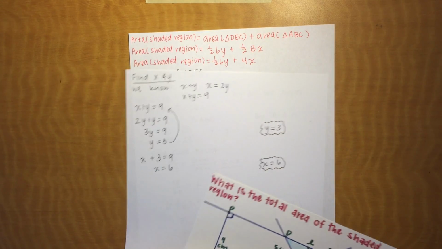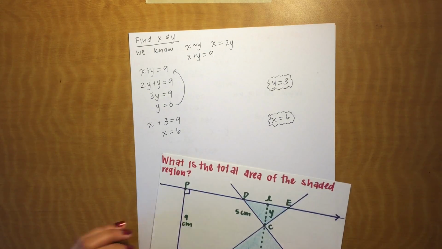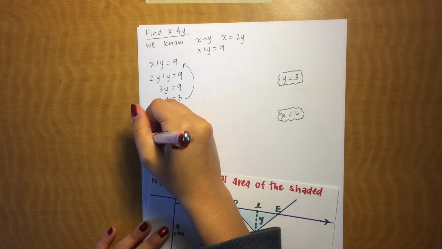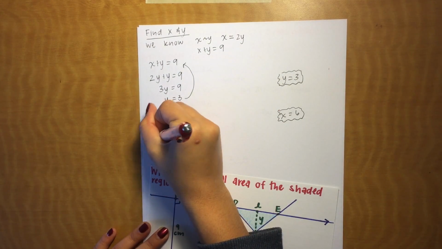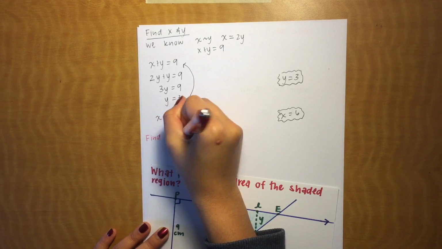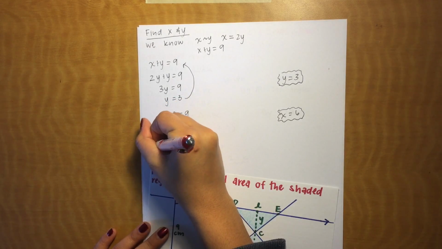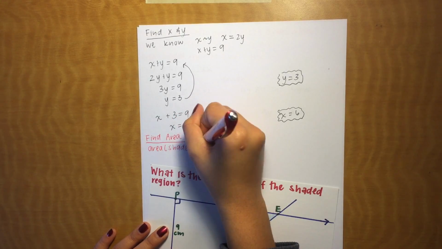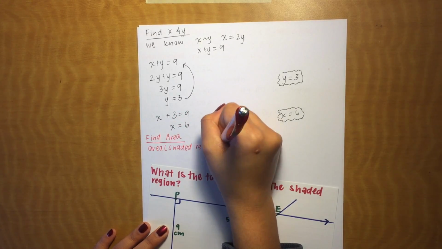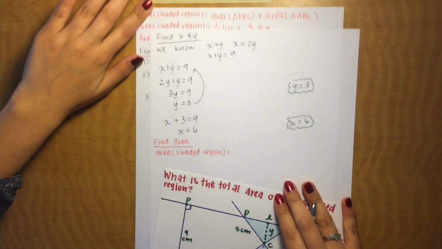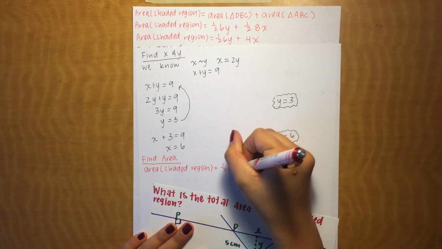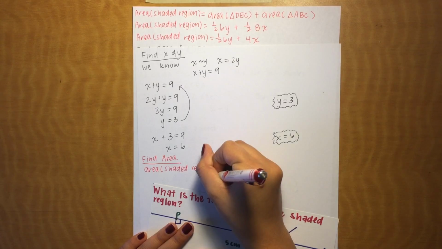Now all we have to do is plug everything in to find the area. The area of the shaded region, going back to our formula, is 1/2 base y plus 4x.